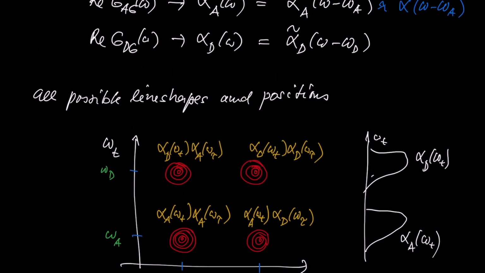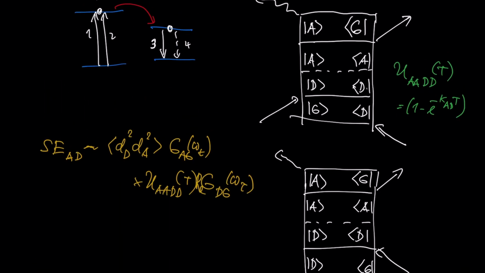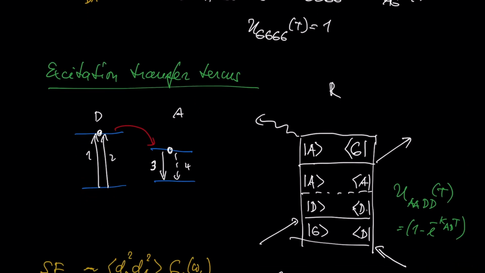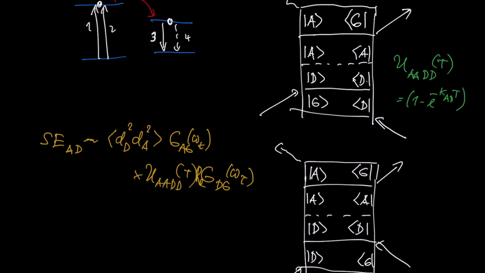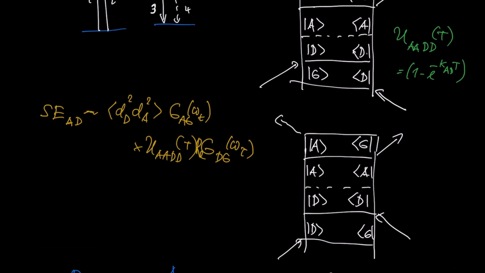And the last type of signal that we have seen is the one with the excitation transfer, stimulated emission dA.